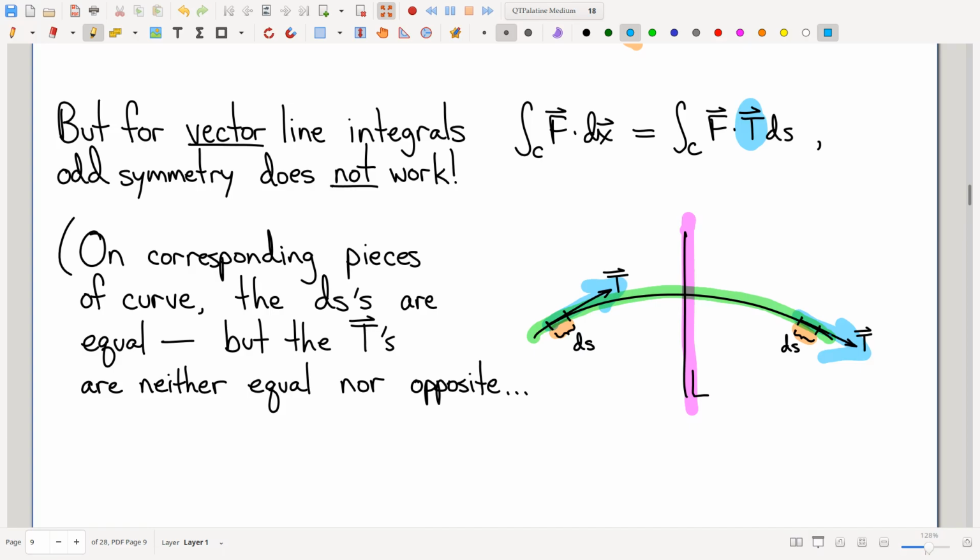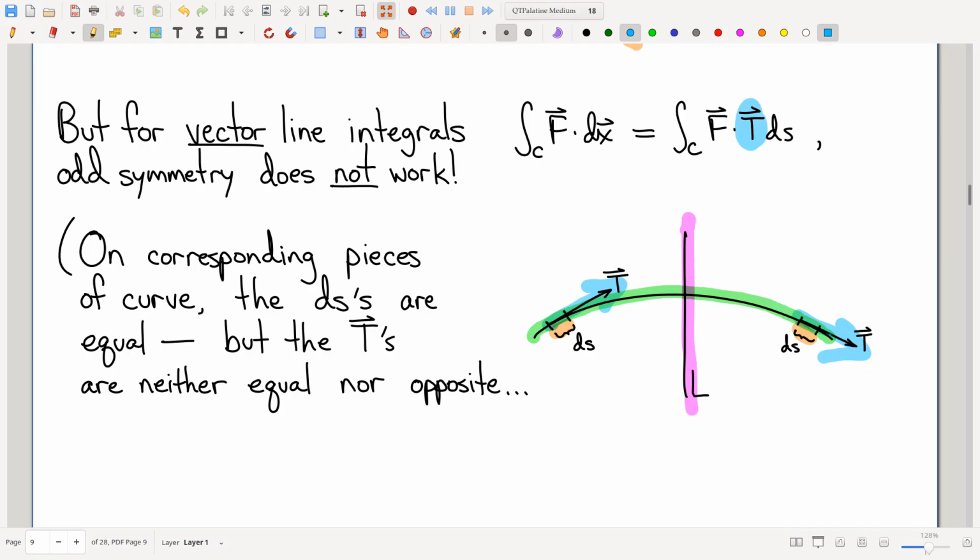But look at these tangent vectors. They're not the same. The ds's are the same, but the tangent vectors are not the same. They're also not negatives of each other. They're not anything particularly convenient for an odd symmetry theorem. It just flat out does not work. There is no cancellation. So we lose.